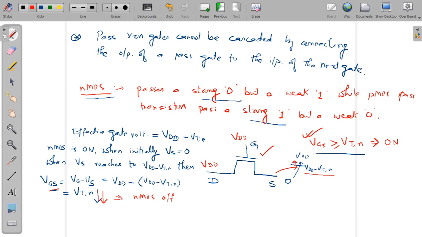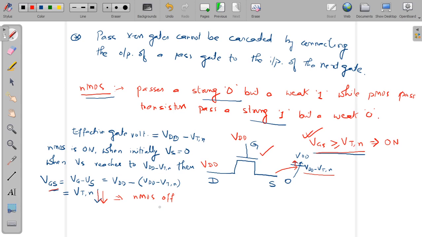Because we know that for turning an N MOSFET on, we have to have this condition satisfied. We cannot ignore this condition. If the source terminal is going above the VDD minus VTN mark, then VGS is going below VTN, and that will indicate that NMOS turns off.